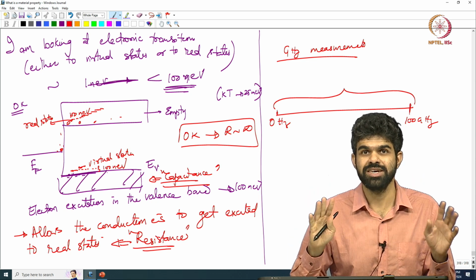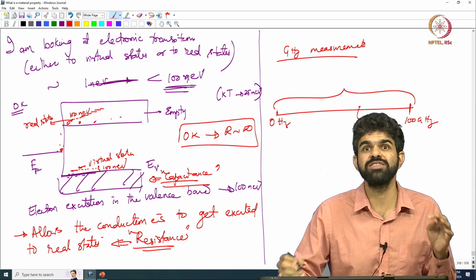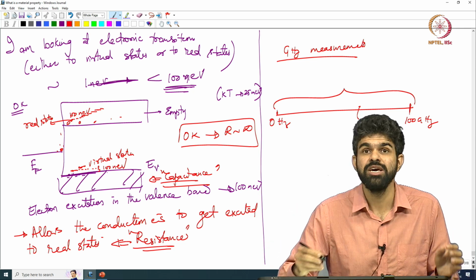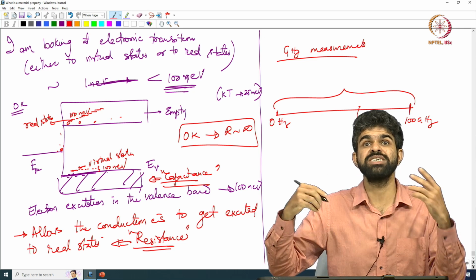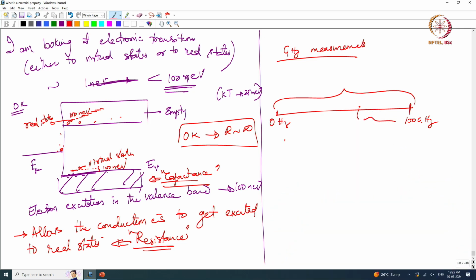The higher the frequency, the more complicated the measurements are going to be, but you can apply probes and then measure electrically. So the electrical signal input can be given through electronic equipment.